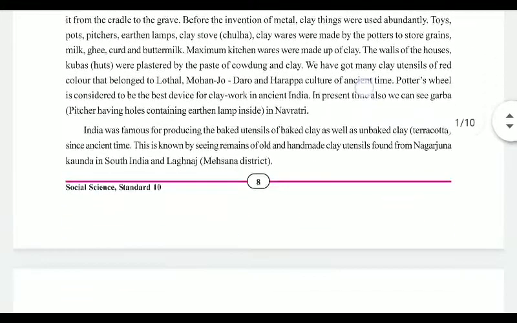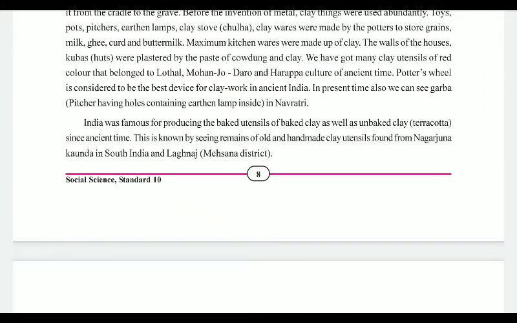India was famous for producing baked utensils of baked clay as well as unbaked clay, which is known as terracotta. Since ancient times, this is known by seeing the remains of old handmade clay utensils found from Nagarjuna Kunda in South India, and Laganj, Mehsana district.